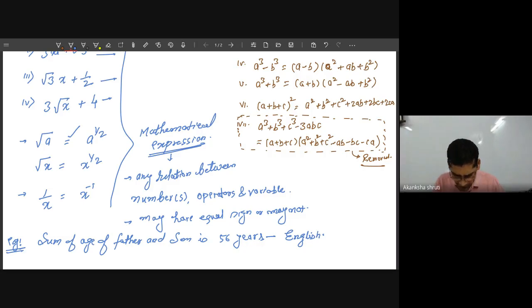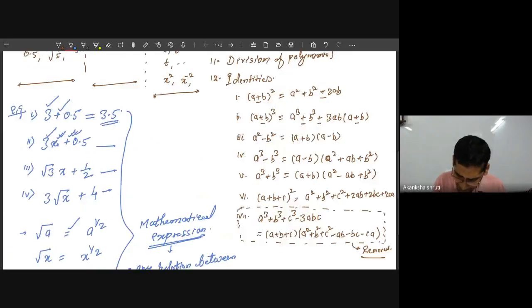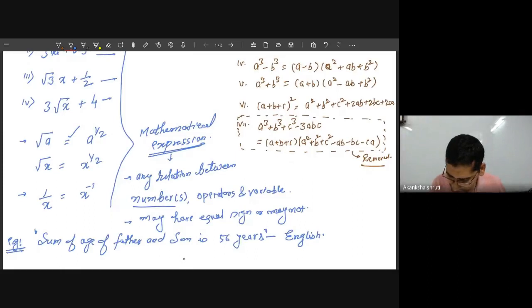Mathematics expresses this much bigger English statement in terms of symbols, numbers, operators, and variables. Variables are the symbols that signify the age of father and age of son.